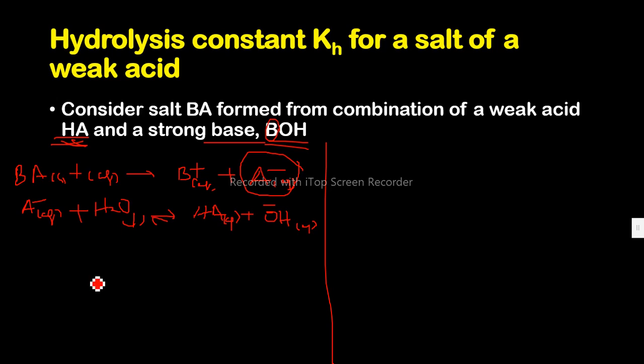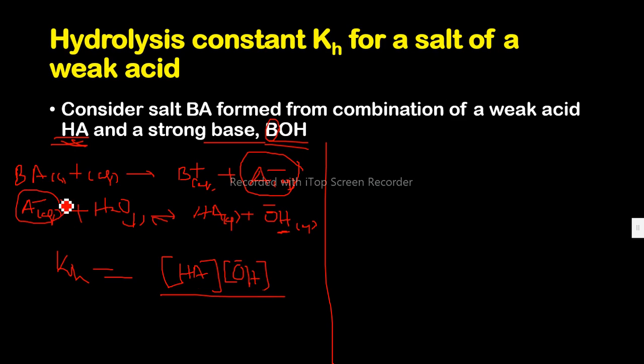Now the hydrolysis constant of such a reaction, which is KH, is simply the concentration of undissociated acid, HA, times the concentration of the base, the OH ions that are produced in this reaction, everything divided by the concentration of the ions, which is A minus.